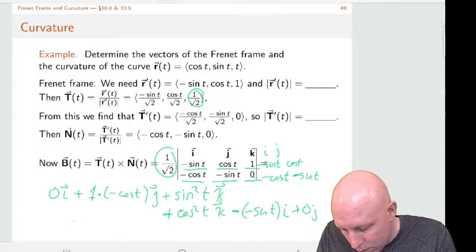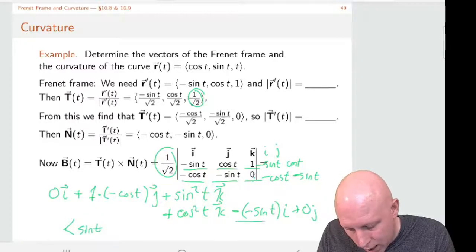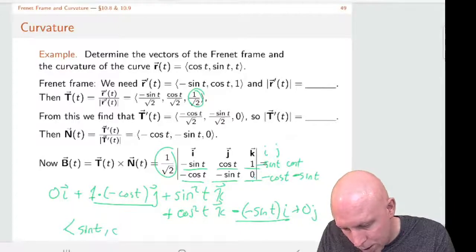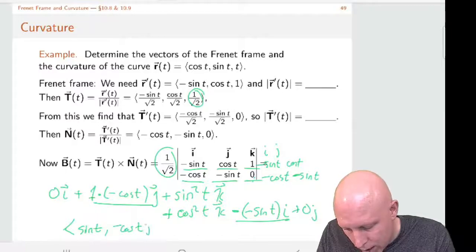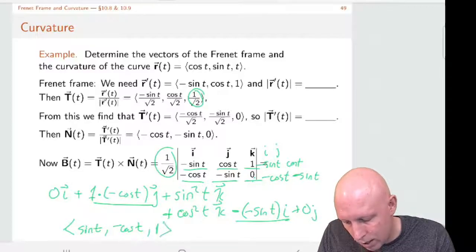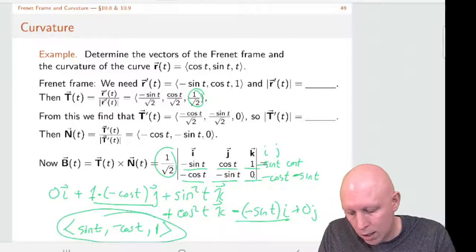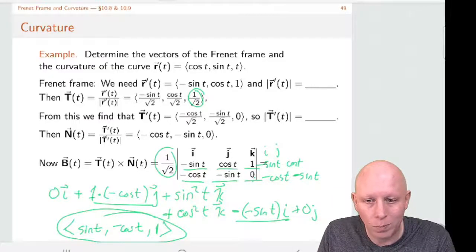And so the binormal vector, we have sine of t i, negative cosine of t j, and we have sine squared of t plus cosine squared of t k, which is just 1k. And so this is our binormal vector.